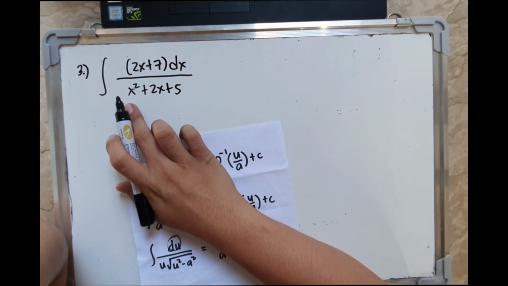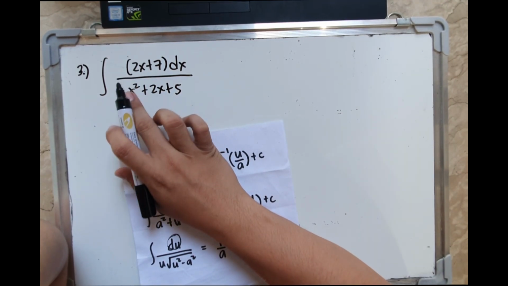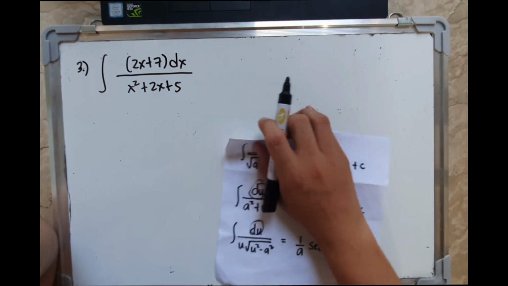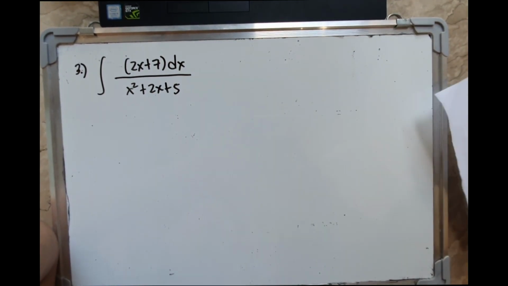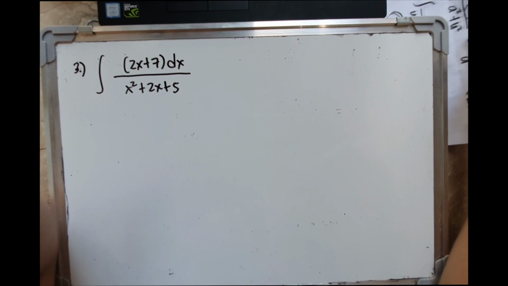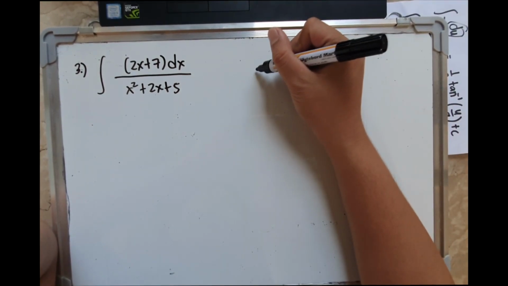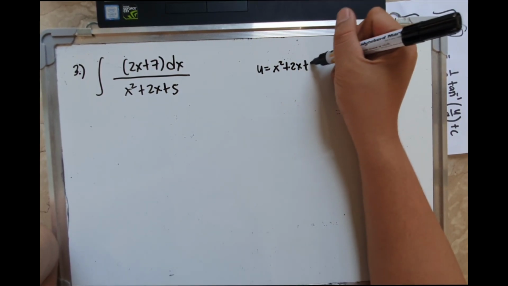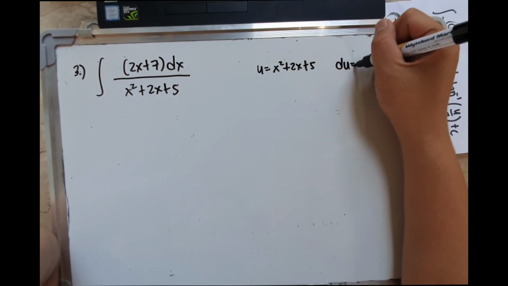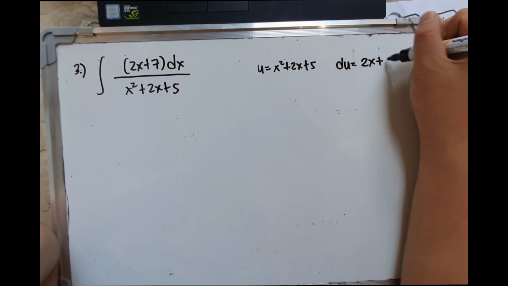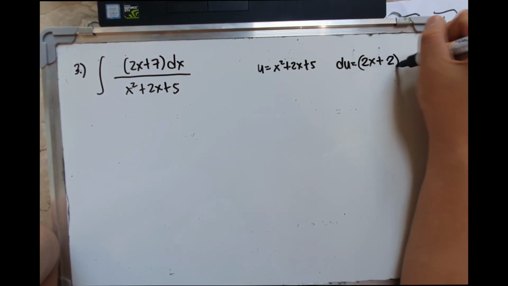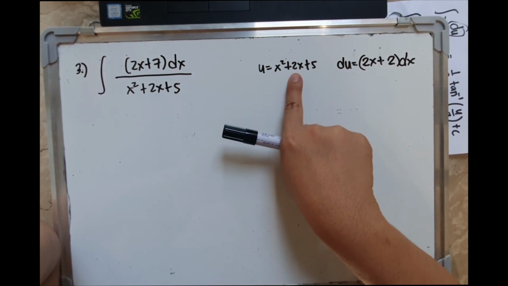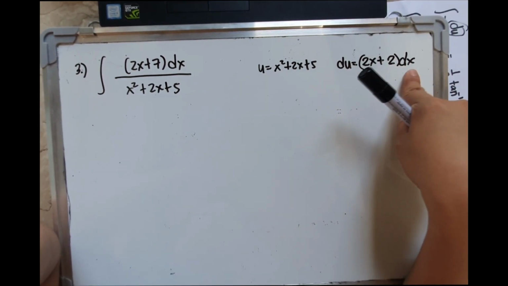There must be a direct relationship between this and the denominator. If we're going to differentiate the denominator, if we consider that as u, judging from the previous topic, if u is x squared plus 2x plus 5, deriving that will be 2x plus 2, all multiplied by dx.